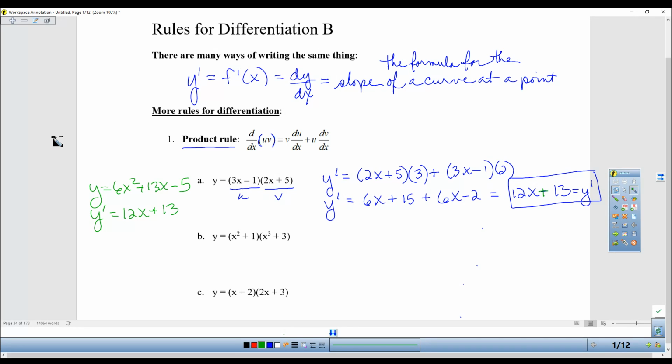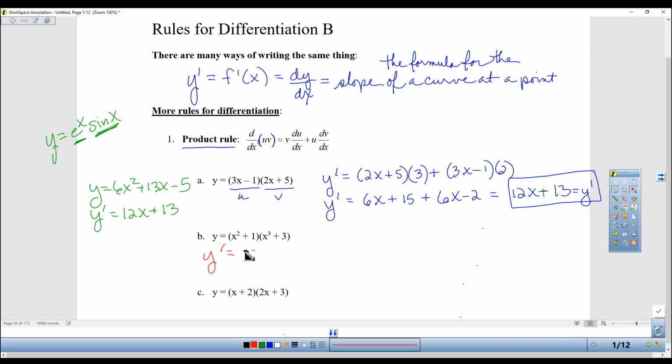You're going to have problems in the future that are things like y is equal to e to the x sine of x. You're not going to multiply those together. You're going to have to be thinking product rule. So go ahead and do the next 2 on your own. I will put the answers here for people that are just checking really fast.